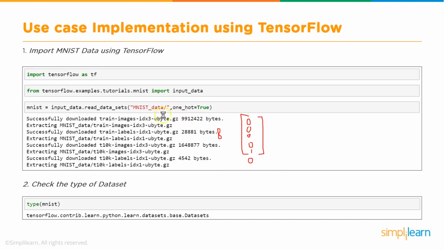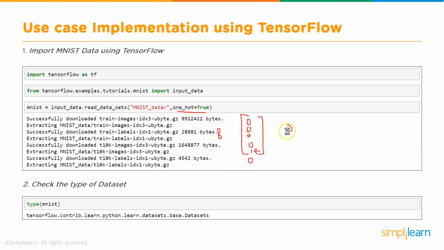So what this means is one hot equals true will load the data in such a way that only one of the digits has a value of 1. Based on which digit is 1, we know what the label is. In this case, the 8th position is 1, so we know that the sample data value is 8.